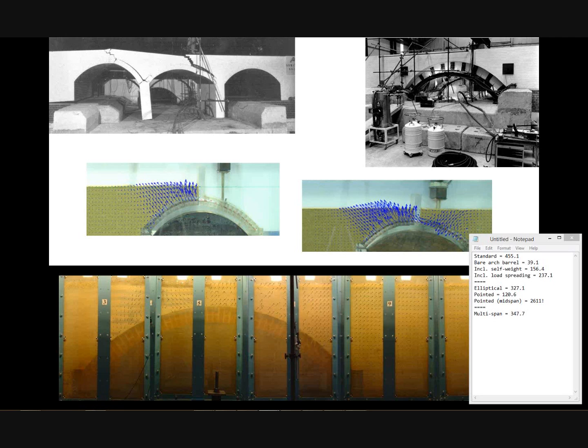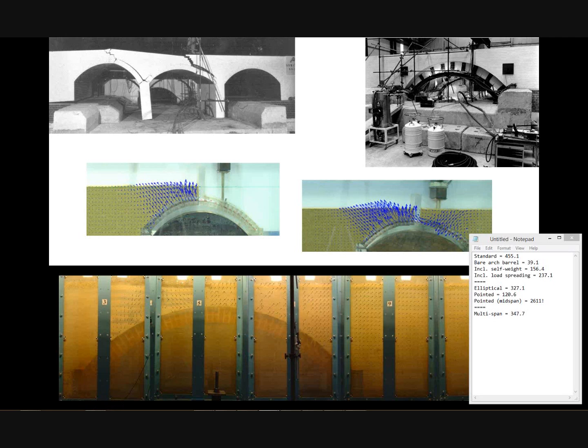The software has been validated against laboratory tests carried out over a period of more than 20 years, starting with the black and white tests shown at the top on large-scale model single and multi-span bridges, right through to the bottom where we're testing large-scale or 3-meter span bridges in an 8.4 meter long tank, which has clear sides, so we can actually see how the soil and the structure interact with each other.